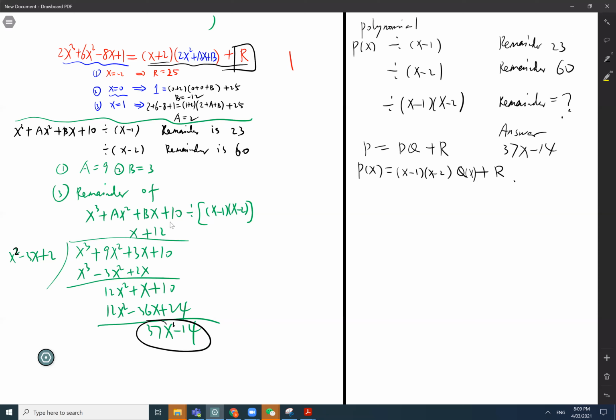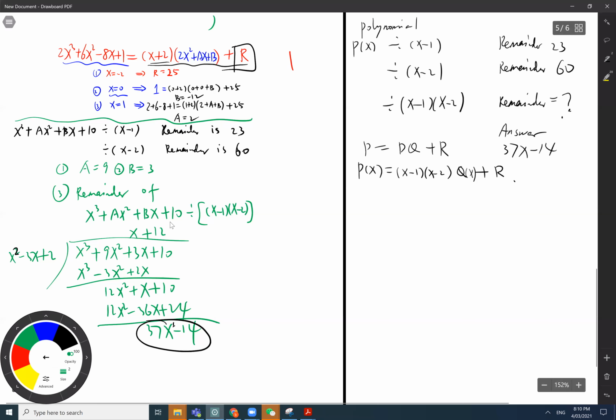And this R, because we divide by quadratics, the remainder could be ax plus b.